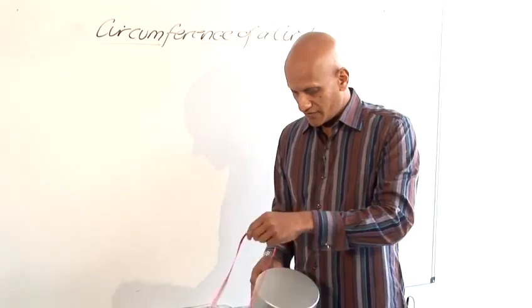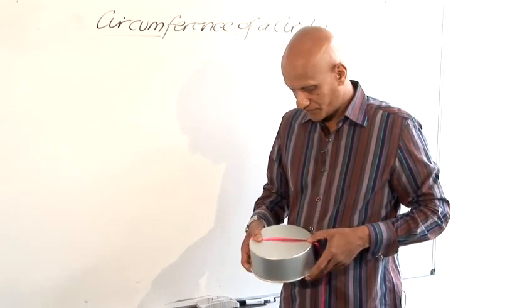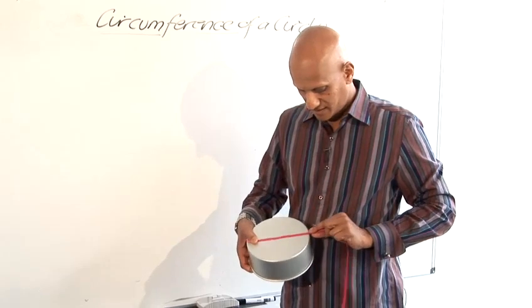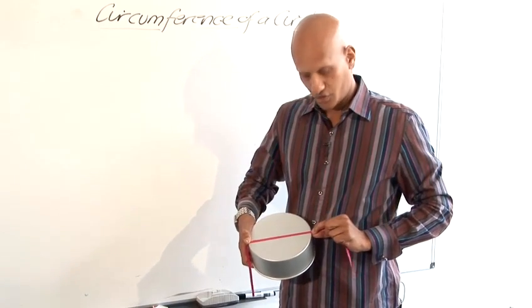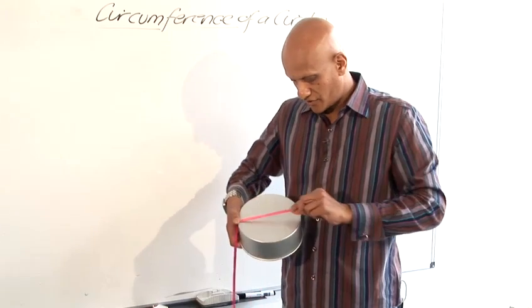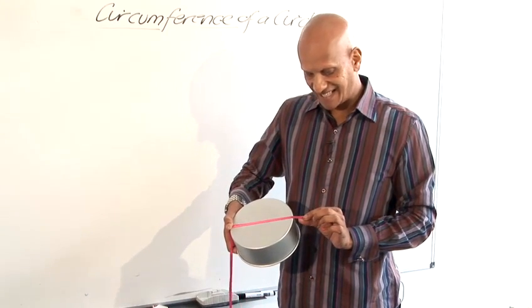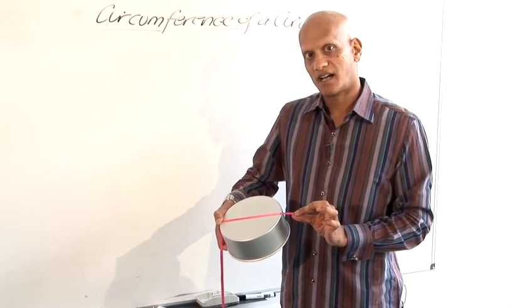What you'll notice, if I compare it to the diameter of the tin, it's 1 lot of the diameter, 2 lots of the diameter, 3 lots of the diameter and a little bit, 3 and a little bit times the diameter.